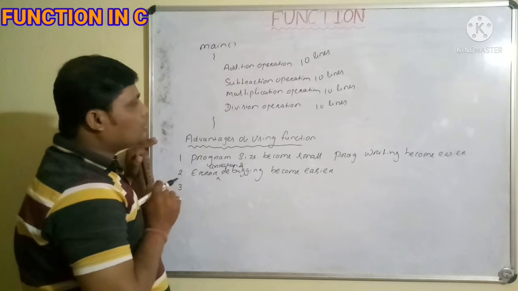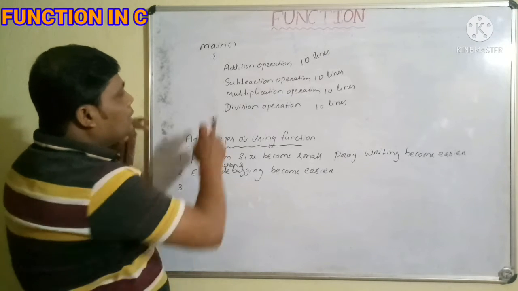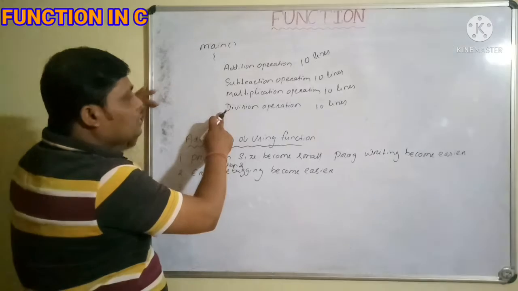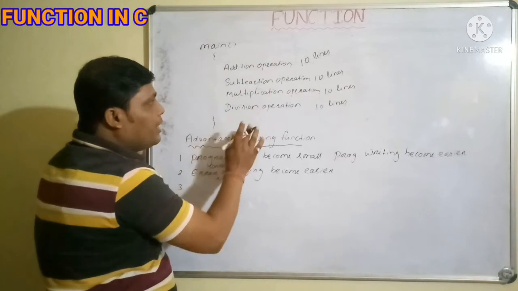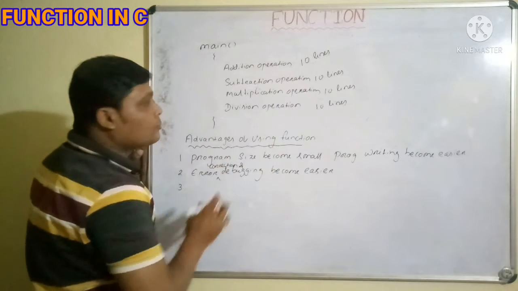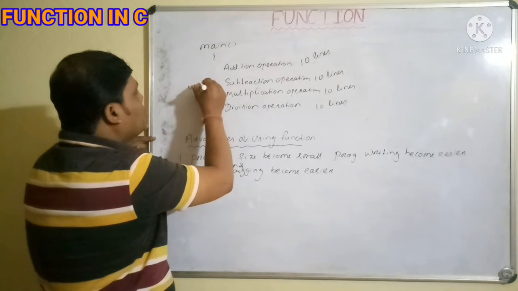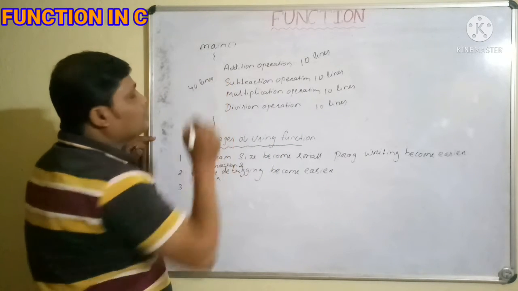Clear? Now see, if I perform these operations once, then I have to write how many lines? 40 lines in total.